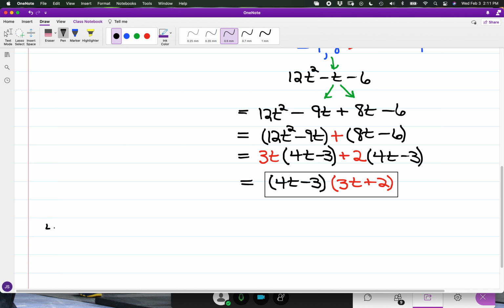And for what we have in 47, we have 8x cubed minus 40x squared y and we have plus 50xy squared.